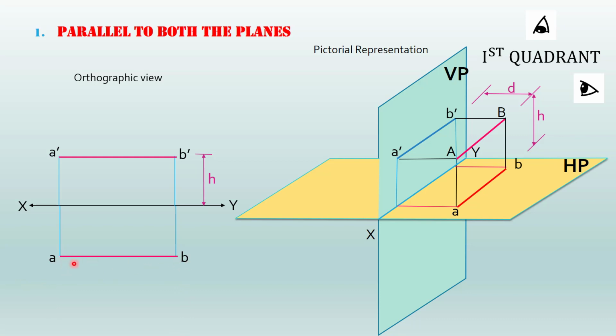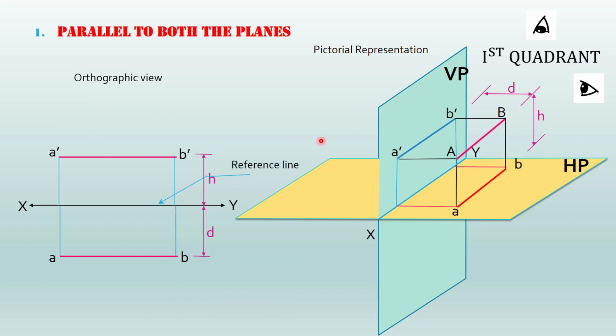What about this length? This length also will be true length. Why? Because the line is parallel to HP. Since the line is parallel to HP, the plan will be true length. Since the line is parallel to VP, the elevation will be true length. Now what is this distance? That is the distance of the original points from the vertical plane. So this represents the orthographic view of this line.